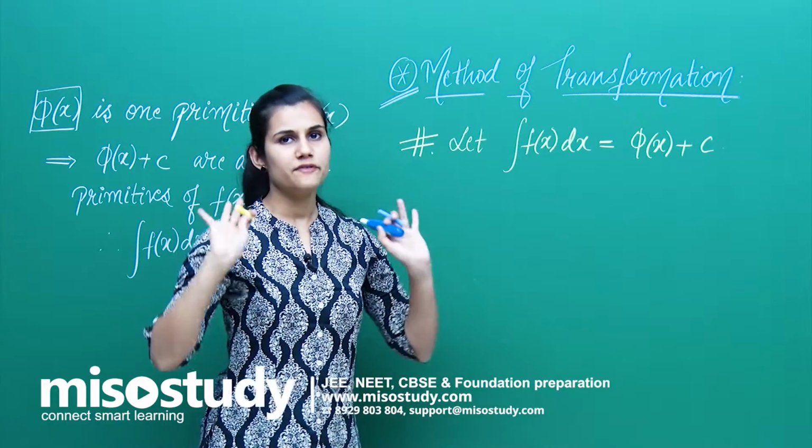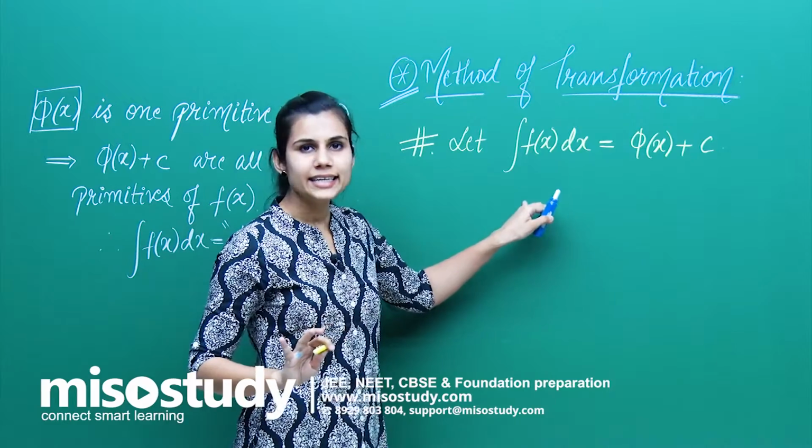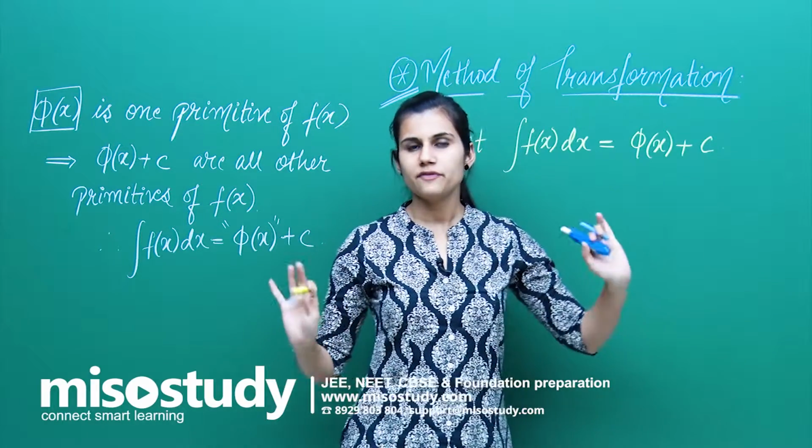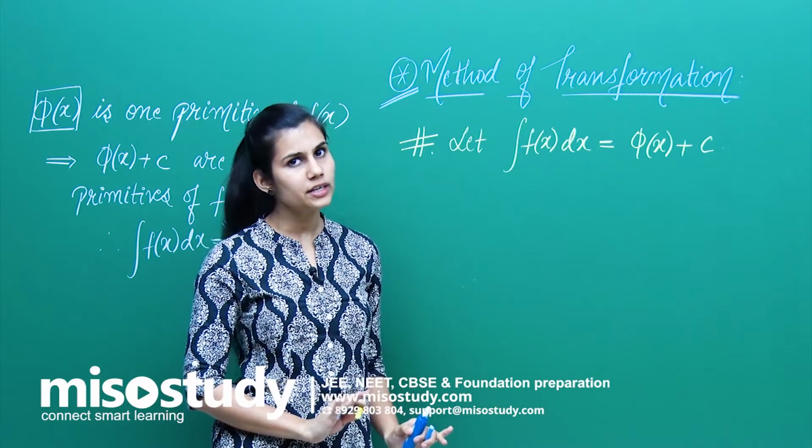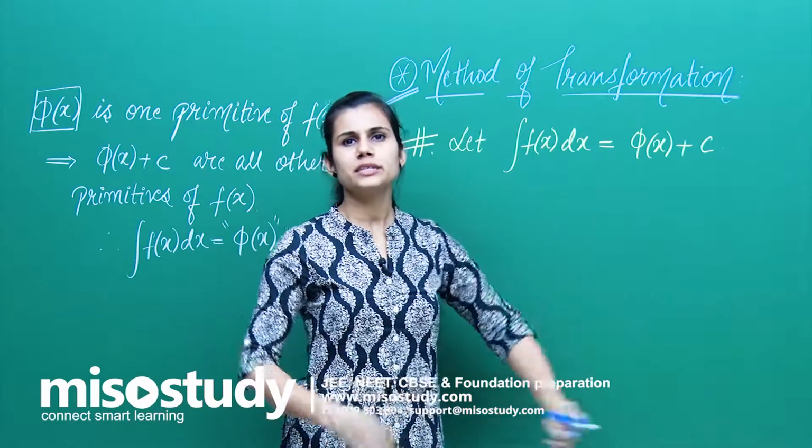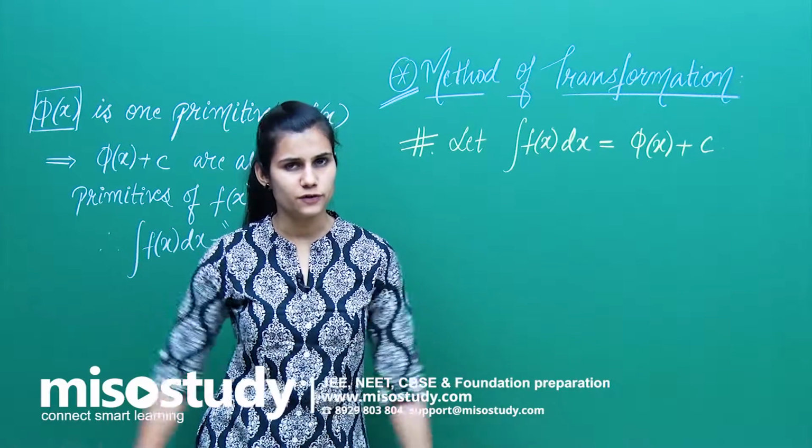Okay. Suppose f is some function whose integration is given by phi x plus c, where phi x is one antiderivative of f in terms of x, and phi x plus c represents the entire family of antiderivatives of f.